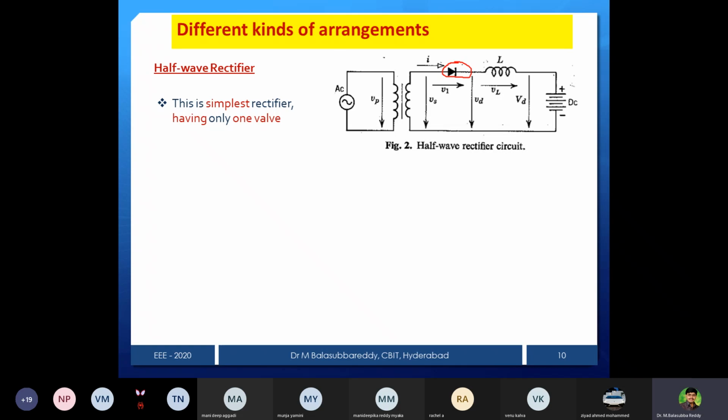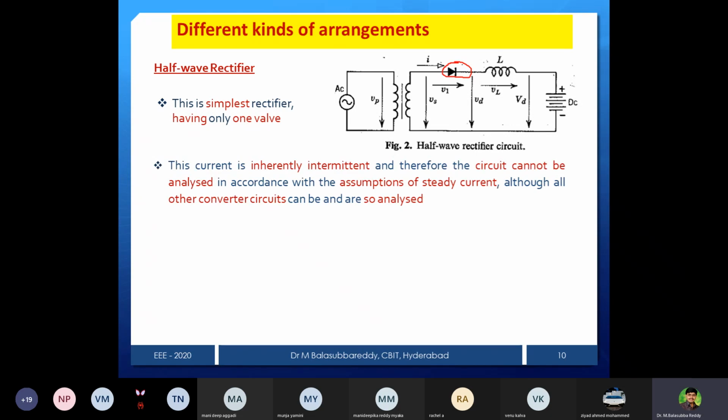When the circuit is on, this is the simplest rectifier, having only one valve in the circuit. It is inherently intermittent, and therefore the circuit cannot be analyzed properly under the assumption of steady state condition, while all other converter circuits can be.